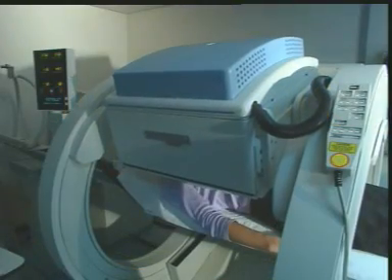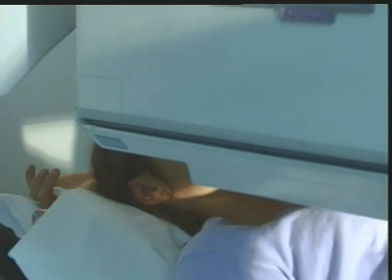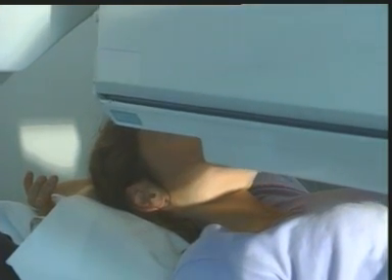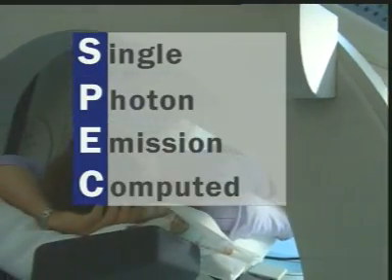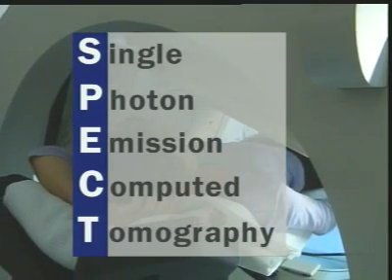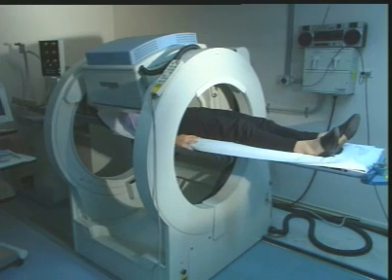In human medicine, nuclear imaging is a vital tool for diagnosing various forms of illness. In a procedure known as single photon emission computed tomography, or SPECT, the camera moves around the patient, detecting gamma rays from many different angles.